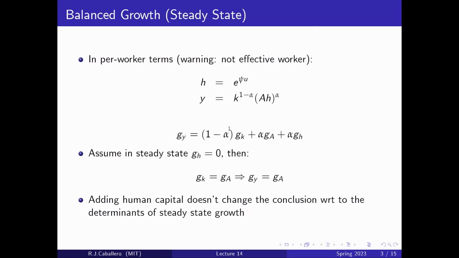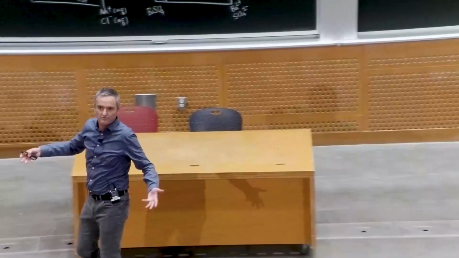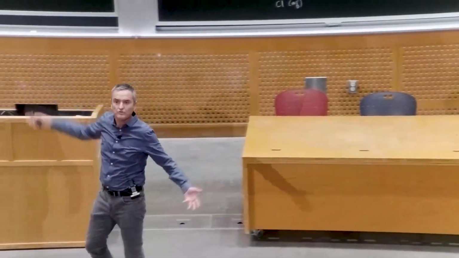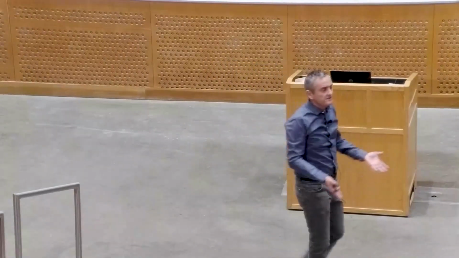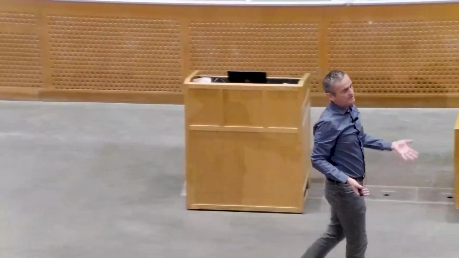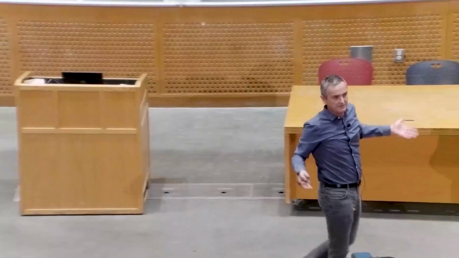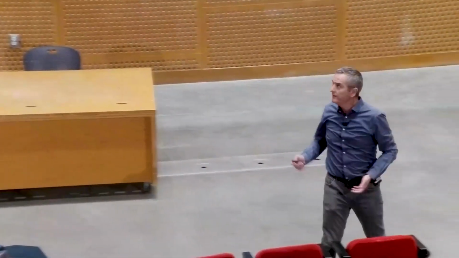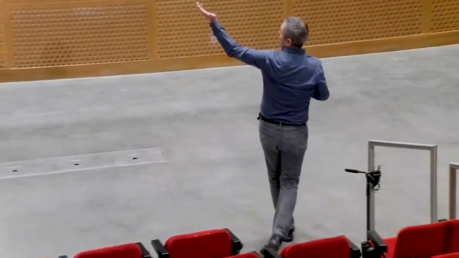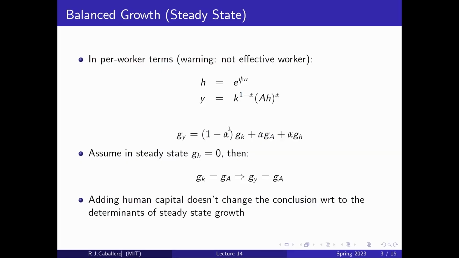I mean, we can increase education, but at some point we cannot all be going to 150 years of education. So that is unlike capital and things like that. You can increase education for a while, but at some point there's a limit. You're not going to do a post-PhD, blah, blah, blah. So in a steady state, we know that eventually in the long run, this g_h is equal to 0.